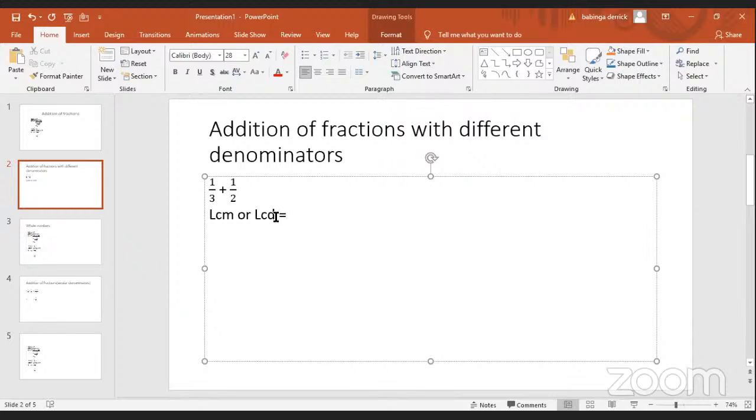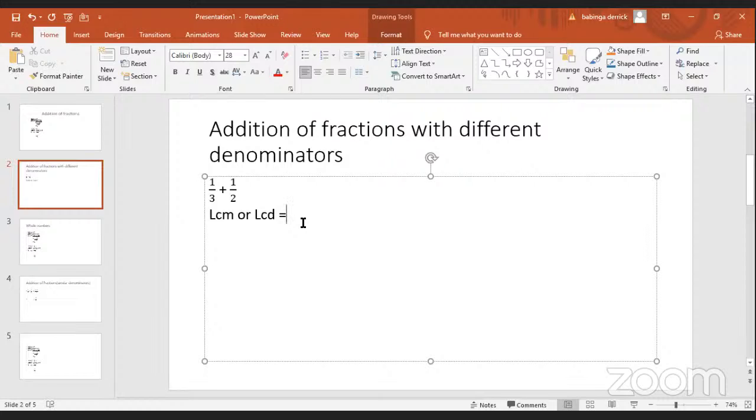Any idea about the LCM? Who can tell us what the LCM means? The lowest common multiple. Wow, that's good. What about the LCD? The lowest common denominator.